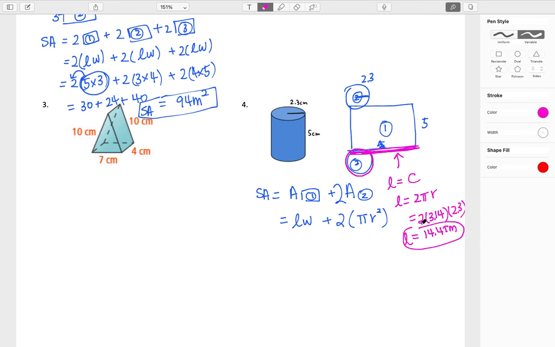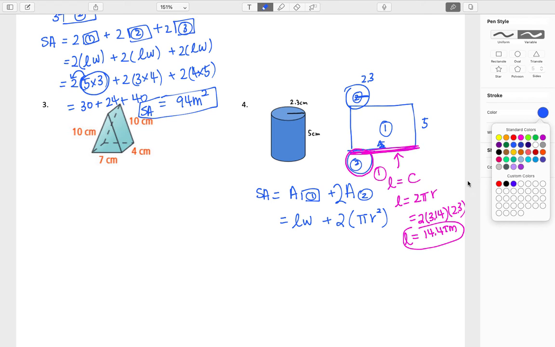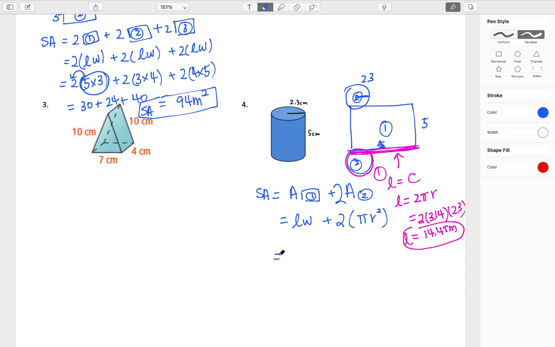You had to do the previous step in order to find the surface area. So now that we know this, the length is 14.4 times 5, the width, plus 2 times 3.14 times radius 2.3 squared.